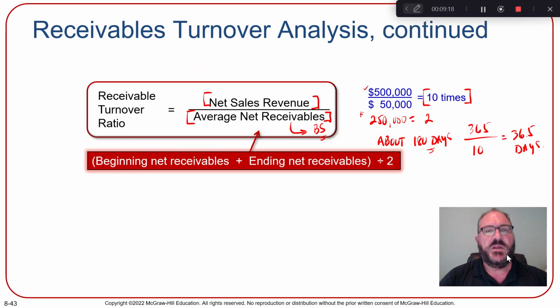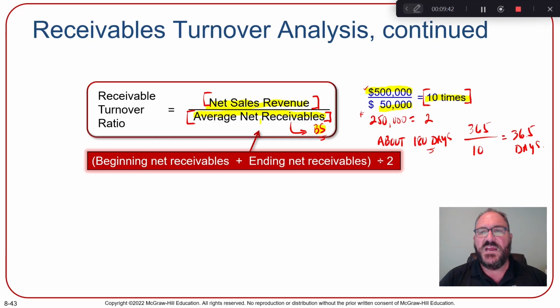So here you go. Net sales revenue, right, divided by average receivables. By the way, this is on the balance sheet. This one, revenue, would be on the income statement. So if we do $500,000 in net sales revenue, and we have average net receivable of $50,000, that means 10 times.